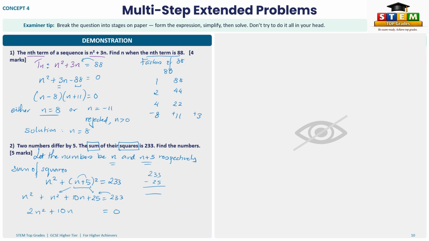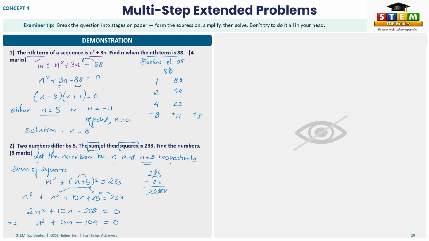That gives you negative 208, and you should write 8, you do not write over a number, so that is negative 208, and then you divide by 2 throughout, that gives you n squared plus 5n minus 104 equals 0.